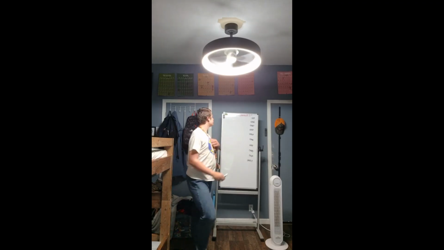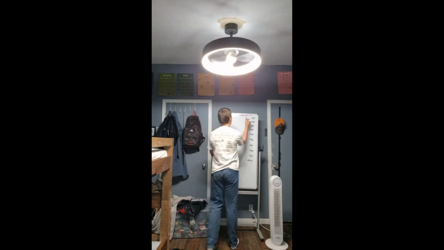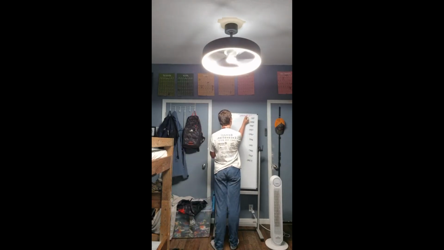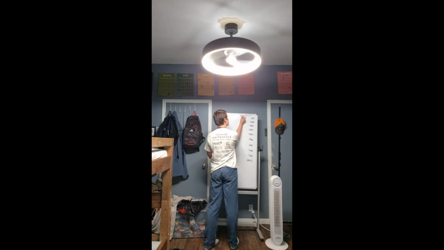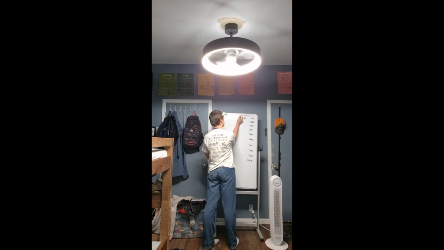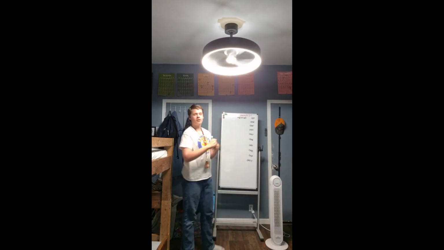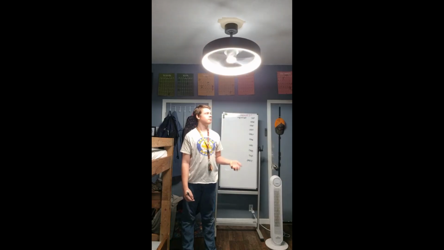So, we all know that 100-sided is a hectagon. Now, what is a 200-sided polygon? Maybe a 300, 400, 500, 600, 700, 800, 900.